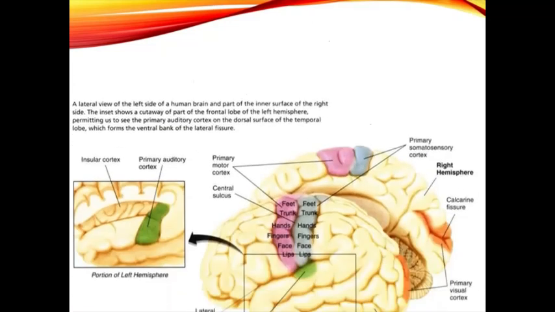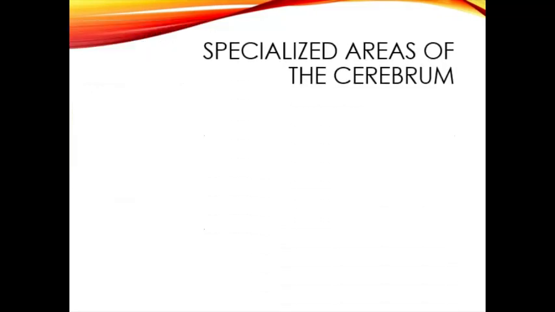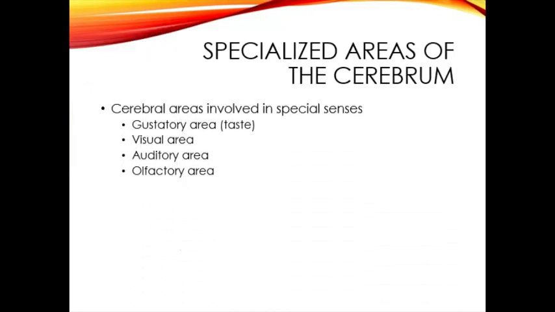Ayan pa, another view of the brain. So, let's skip that. Ayan. So, specialized area of the cerebrum. Several areas are involved in the special senses. So we have the gustatory area, no? We have the visual area, the auditory area, and the olfactory area. Kung titignan natin, ito yung mga major senses ng body, tama?